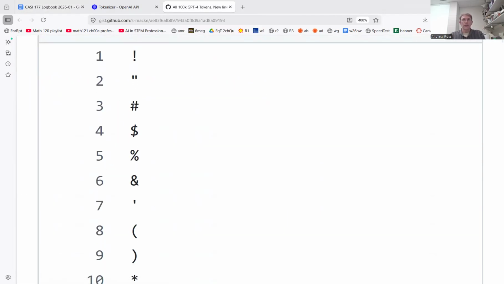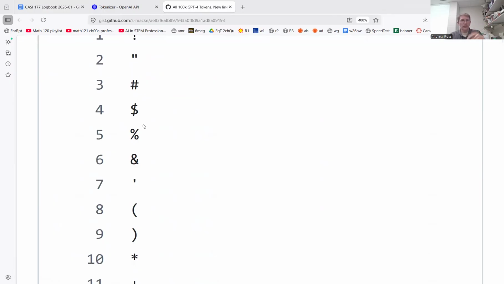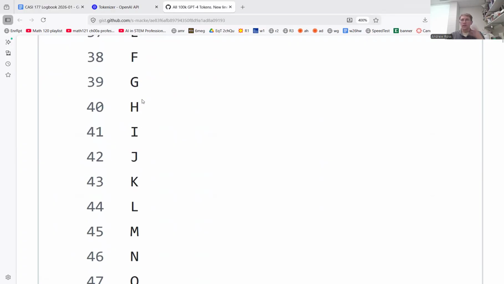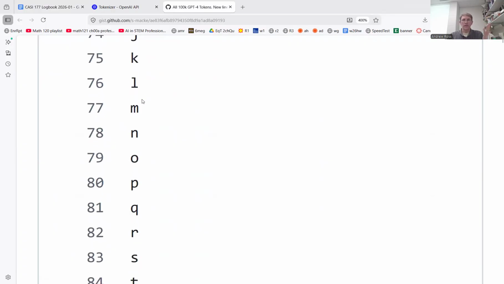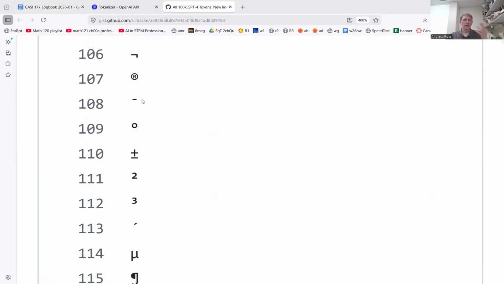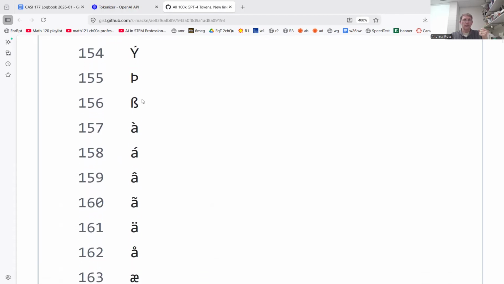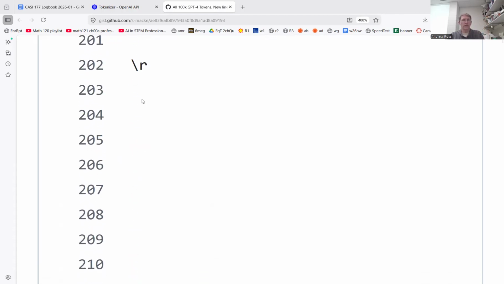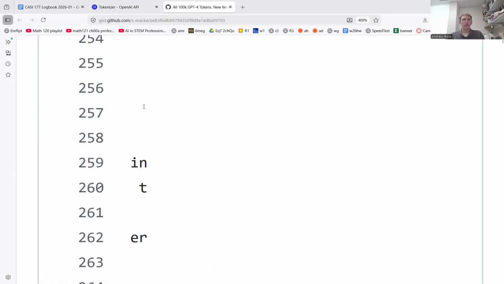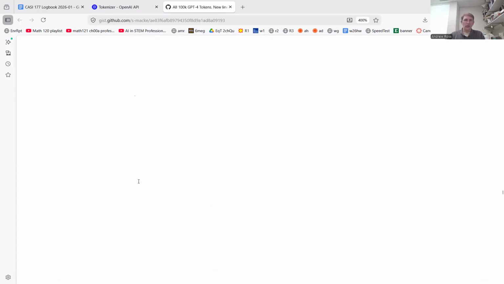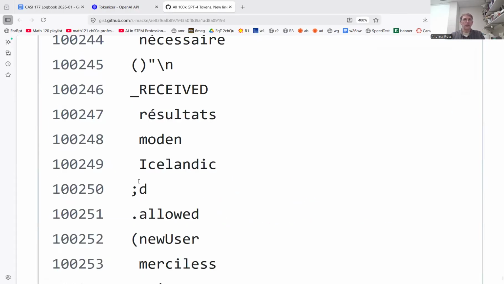You can see it starts out with symbols like exclamation mark, quote mark, number sign, hashtag, dollar sign, etc. And then it's got all the individual characters in uppercase and lowercase, some special characters, stuff with accents and umlauts and stuff. And then it's got some two-letter tokens, one-letter tokens with a space at the start, etc. If we go all the way down to the end of the list, it has about 100,000 words in its vocabulary.